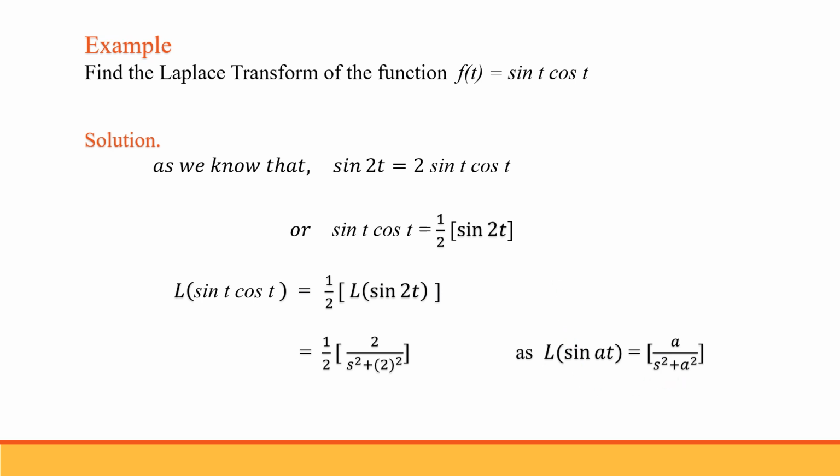So here substitute the value of a equal to 2, we get 1 by 2 into 2 by s square plus 2 square, that is 1 by s square plus 4. So simply by remembering the Laplace transform of earlier functions and applying it, we can easily find the Laplace transform of more complex functions.